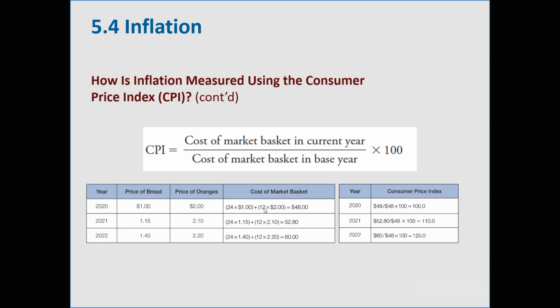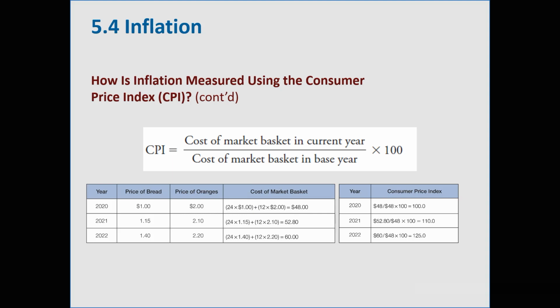Now, generally, when you want to measure inflation, you hold quantities constant. You can see from one year to another, the quantity is constant. So every year you only produce 24 loaves of bread and 12 oranges. However, you can see the effect of prices. So if you look at the total price or the cost of bread and oranges in 2020, it's $48.